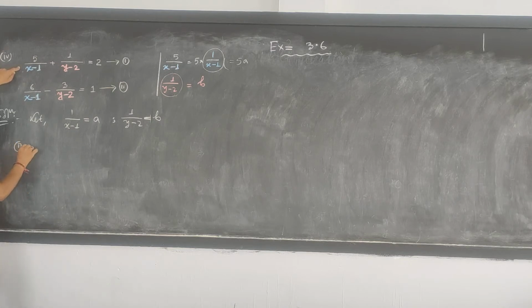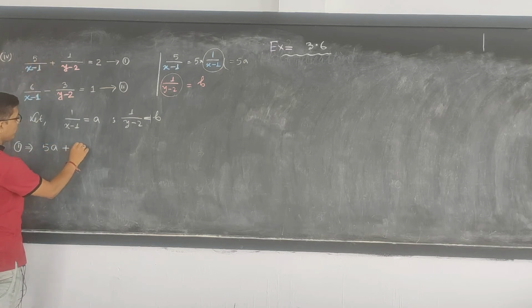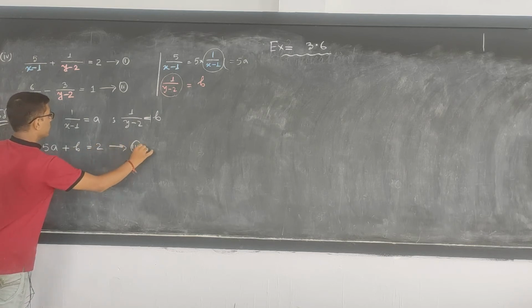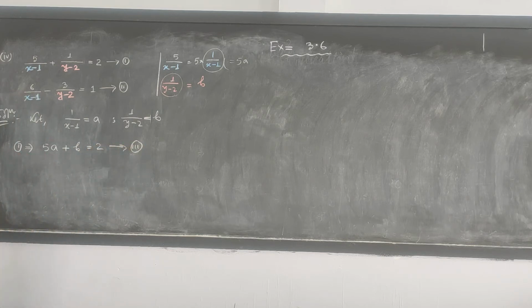So equation 1 will become 5 into a, 5a plus 1 by y minus 2, that is b, is equals to 2. Let us make it as equation number 3.